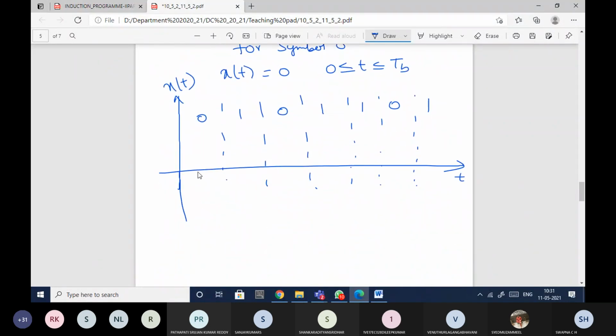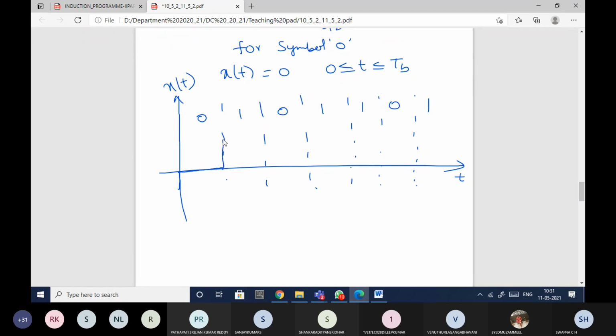So 0 will be represented with 0, and the first 1 I will represent with positive A. Half of the interval it will return to 0. Next again I have 0, so it is 0, and the next 1 will be inverted. Here I have taken positive, so when the next symbol 1 appears, it will be negative, and half of the interval it will return to 0.